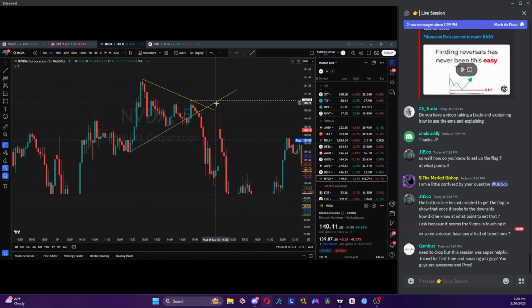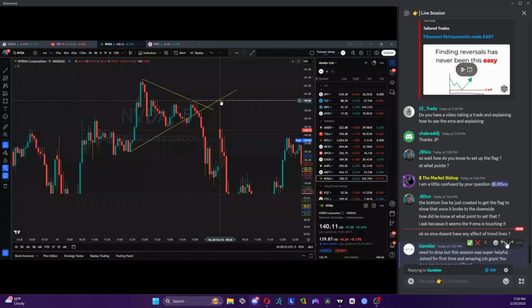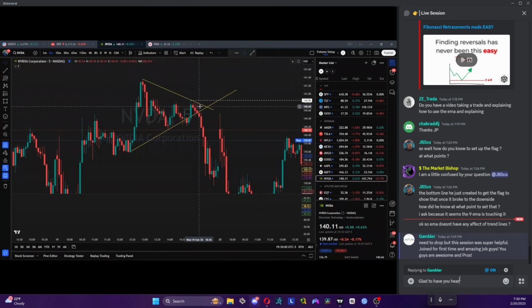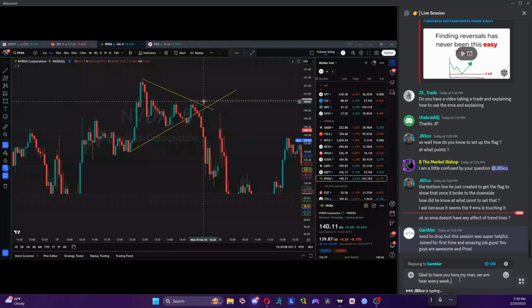Your stop is going to be somewhere above here. You're not going to freak out over 30 cents. If price gets back inside that little triangle and breaks above, that's a different situation. But if you take that trend line break and it goes down, your stop is up here.